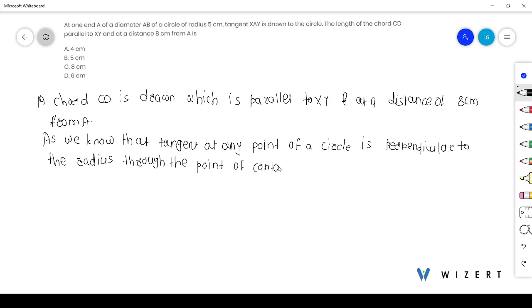So the tangent makes an angle of 90 degrees, that is a right angle, at that point of contact.